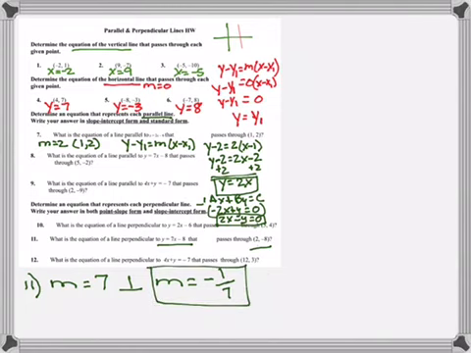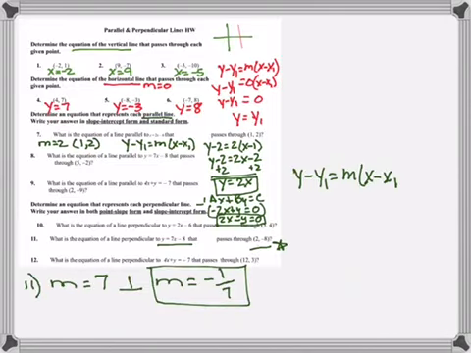So now I have a slope, and I have my point that they gave me, and we can go in and use our point-slope form. So y minus y1 equals the slope times x minus x1. And when we substitute in our values, in this case my y is -8.